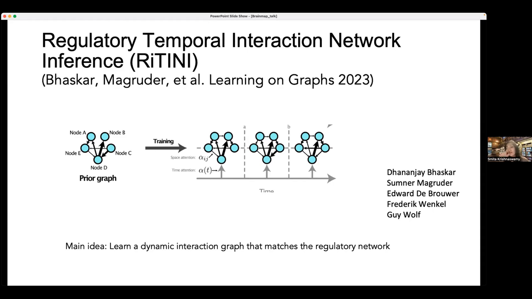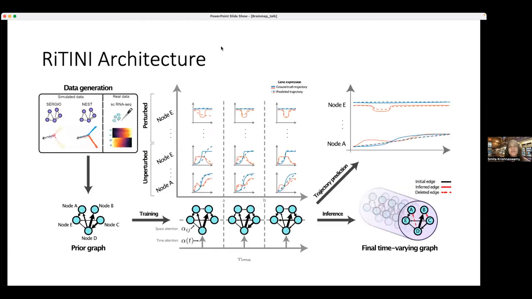We could try to infer the underlying regulatory circuit for them without knowing it in advance. And what we're doing for that is we're trying to learn the connections of the graph itself using graph attention and a graph ODE network called Routini that we recently published in a conference called Learning on Graphs.